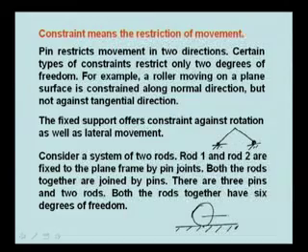The degree of freedom of this rod is 3, and the degree of freedom of this rod is also 3. But you have 3 pins, 1, 2, 3, and each one adjusts 2 degrees of freedom. So you had a total of 6 degrees of freedom, but 2 into 3 have been adjusted.